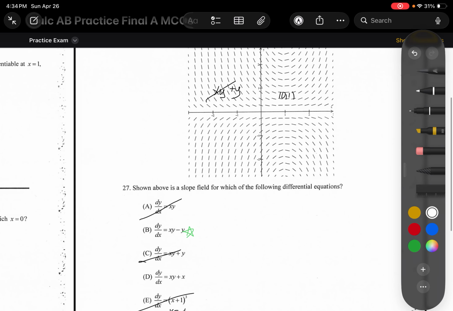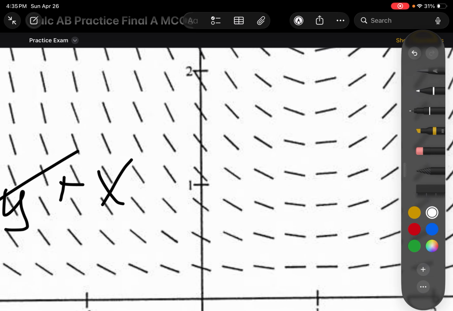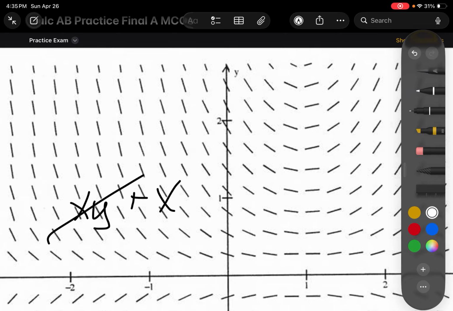Let's check C or D. xy plus x. So let's swap things around. At x equals 0, remember that we can cross off the x times y because we're focused on x equals 0. That way we can find our best option as quickly as possible without having to do too much algebra to check each individual slope field.